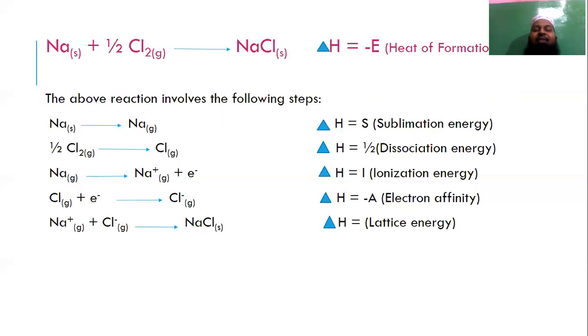Chlorine is a more electronegative atom, so it pulls the electron towards itself. It attracts the electron and attains the chloride ion in the gaseous state. This process is known as electron affinity. So the overall reaction is the formation of sodium chloride with the release of energy. That energy is the lattice energy.